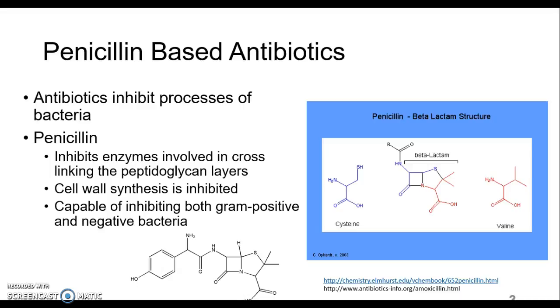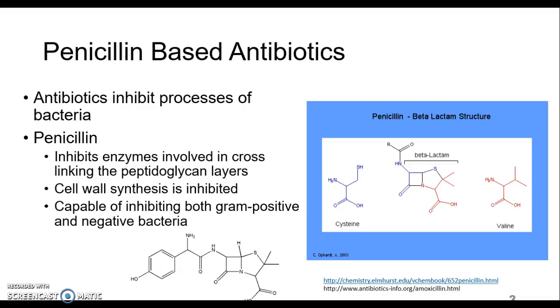So the most commonly used antibiotic within the past few decades is penicillin, and even today it's most commonly prescribed as amoxicillin. And these inhibit the enzymes involved in cross-linking the peptidoglycan layers.